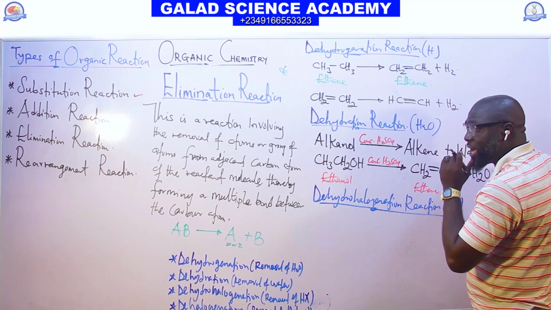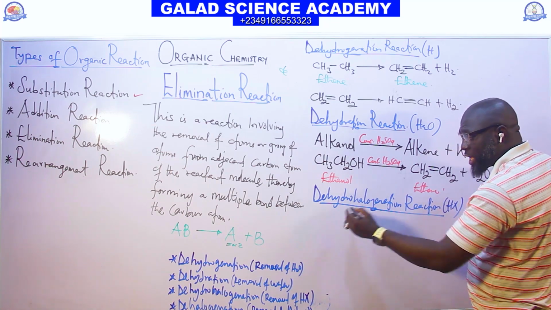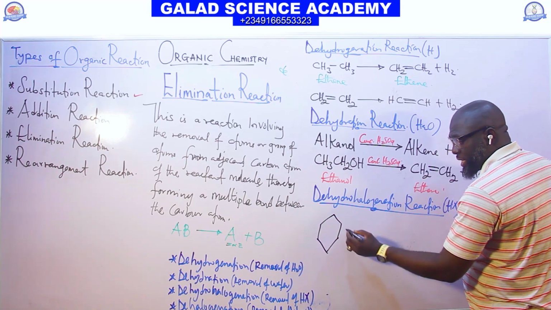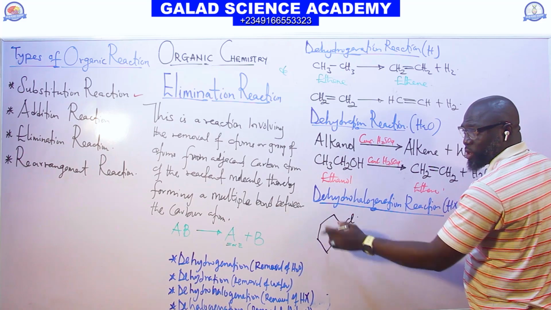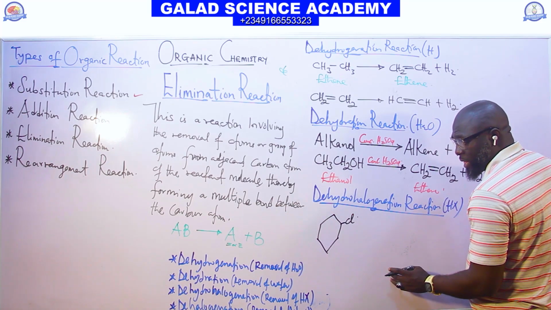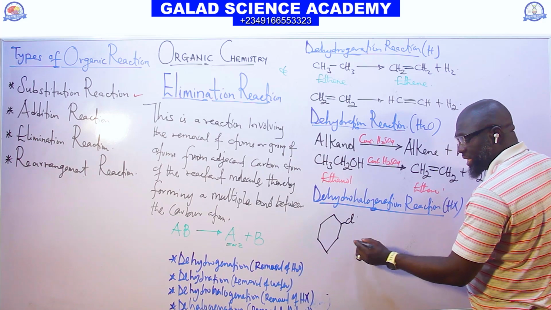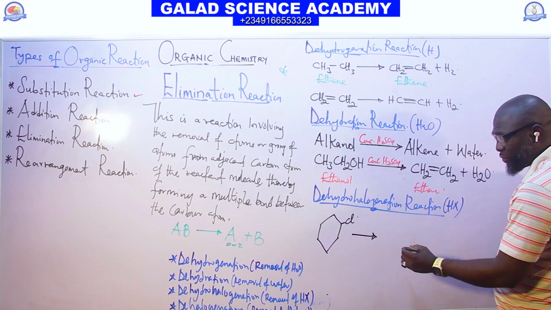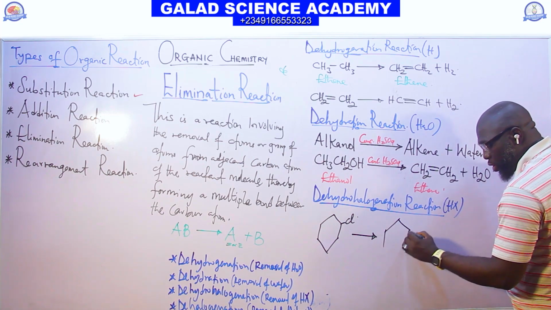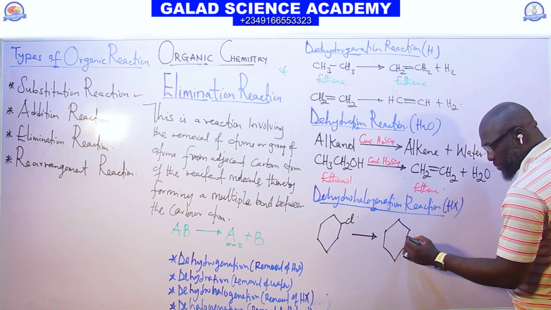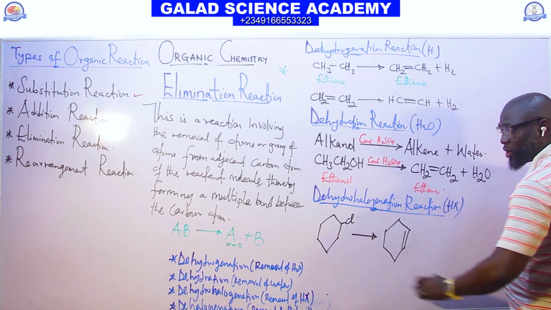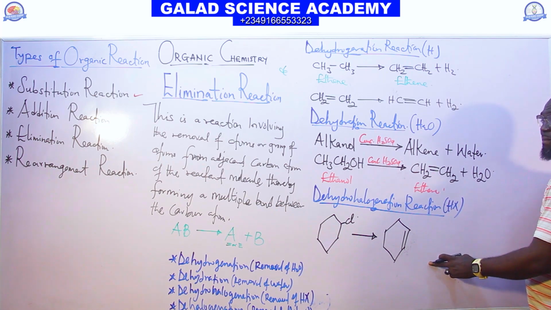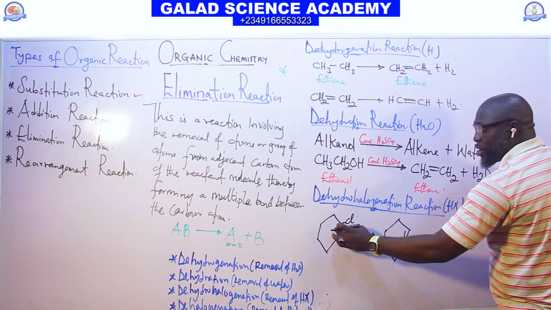For this reaction, let me use chlorocyclohexane. If this chlorocyclohexane will have hydrogen halide taken out from it, it will give us, sorry, this is cyclohexane.